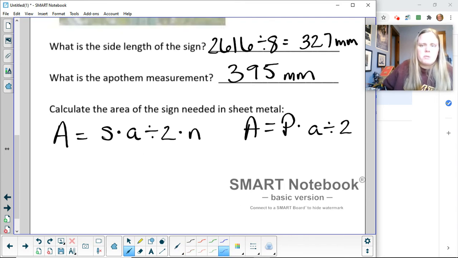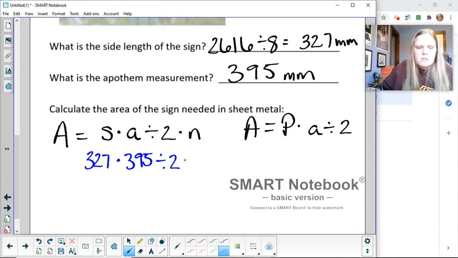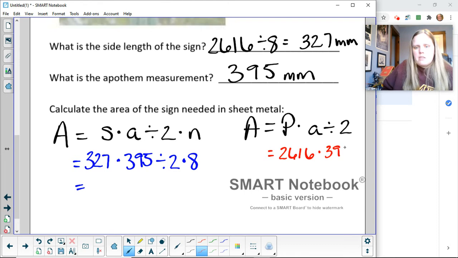But I'm just going to plug it in. So side length was 327 times the apothem was 395. Divide by 2 because we're working with triangles. And then multiply by n, which is the number of sides, which remember an octagon has 8 sides. And then if you were going to do this as the perimeter formula, you would take that 2,616 times the apothem divided by 2. Either way, you're going to get the same answer.